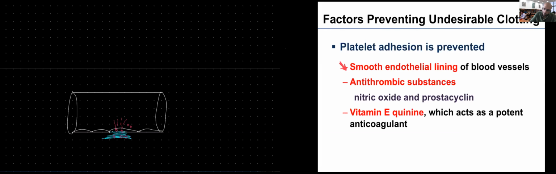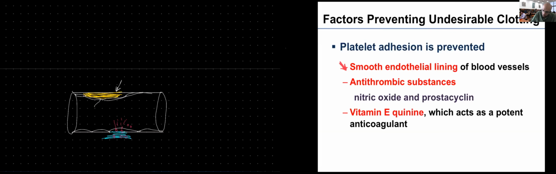So this won't be present in something like patients with atherosclerosis. A patient with atherosclerosis is accumulating fat underneath the endothelial lining. We call those atheromatous plaques.